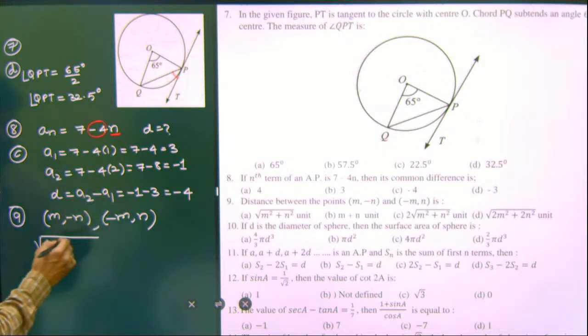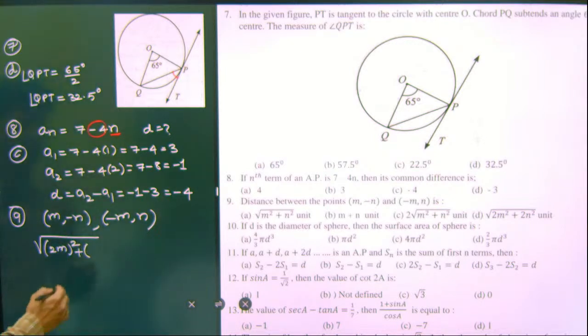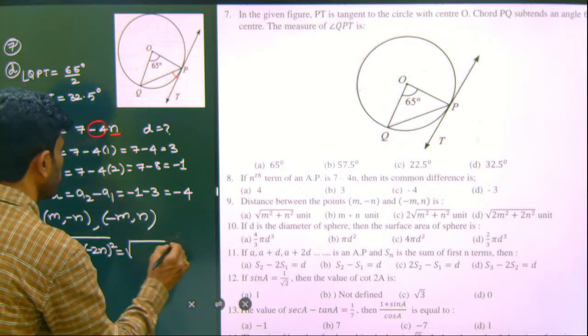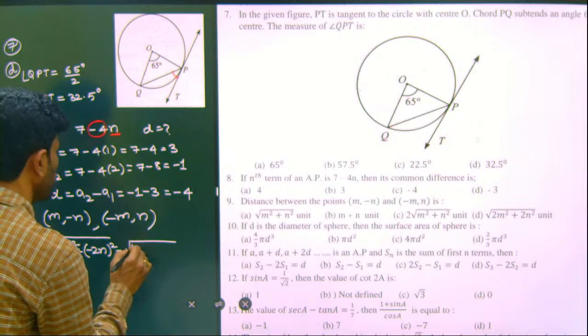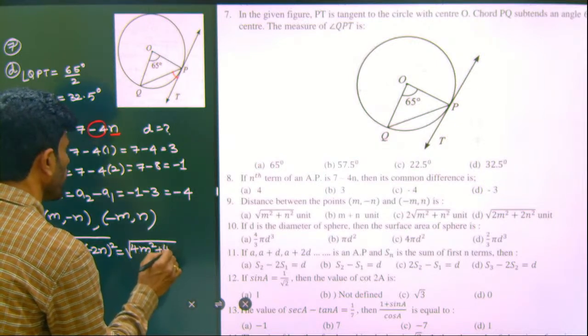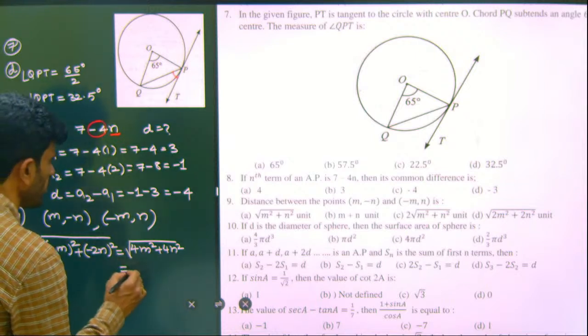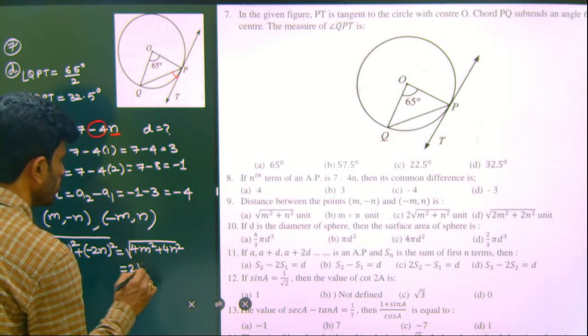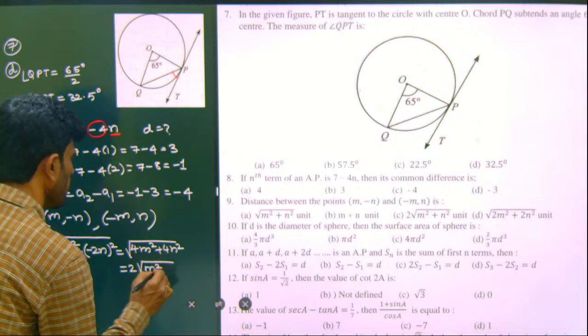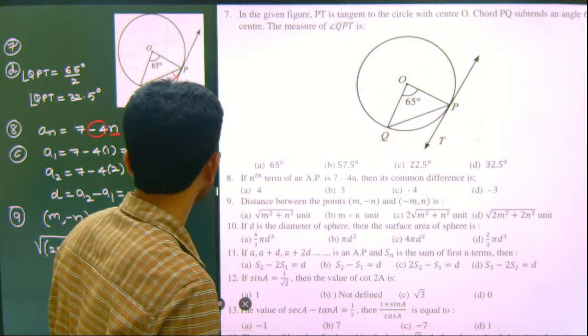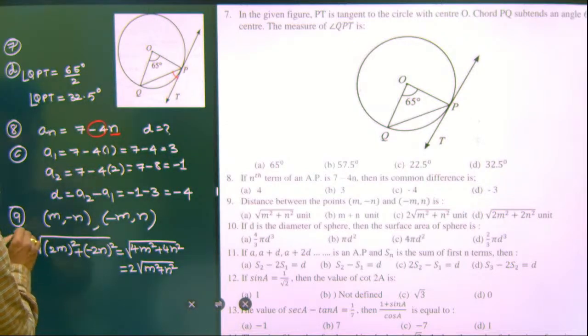Minus m minus m, minus 2m whole square plus n minus of minus n is 2n whole square, which is nothing but root of 4m square plus 4n square. We can take 4 common out. If you take 4 common out, it will be root 4. Root 4 is 2. So 2 into root of m square plus n square. Answer is C. Question number 9.